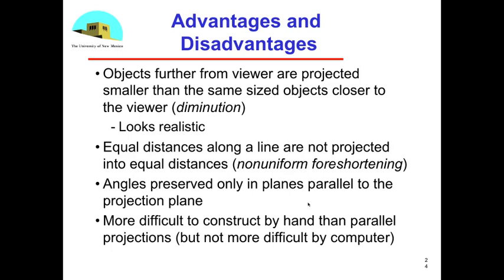So if I say I want a 1-point perspective of these objects that we just designed with our CAD system, you're going to have to figure out the proper parameters for setting your camera. You've got to go through a perhaps difficult procedure to figure out what to do to get that particular image.